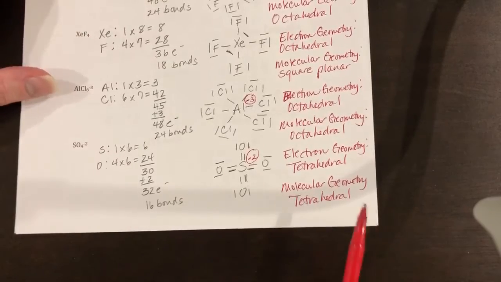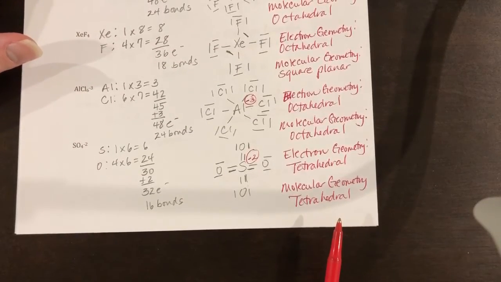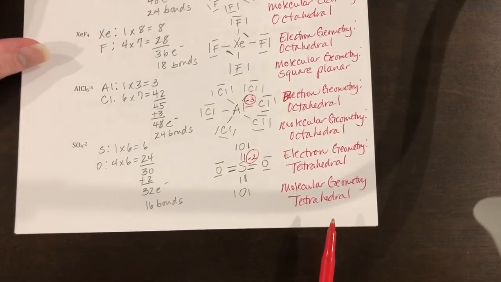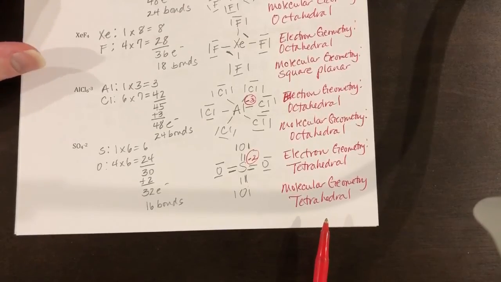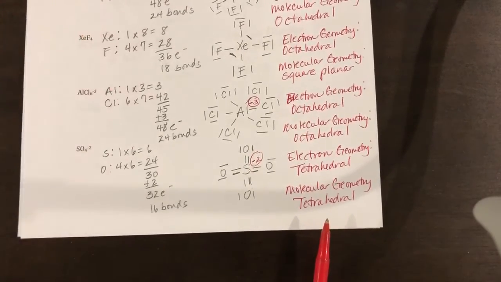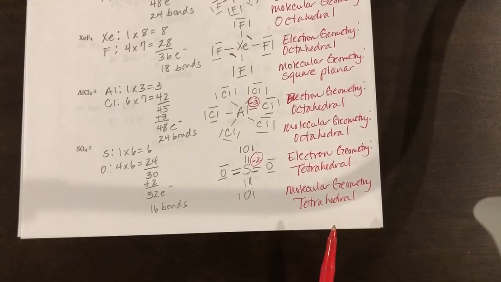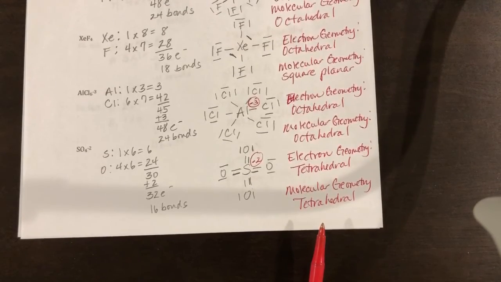The prefix tetra means 4, so that one's pretty easy to remember. Let's see which other ones are easier. The linear one's pretty easy to remember. Other than that, the rest you just kind of got to memorize. There's no easy way to do this stuff.